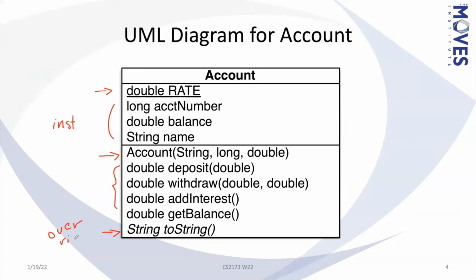So an override is where, and you're not responsible for this yet, but every class has a toString method, and that's defined in what's called the base class. You're not responsible for that yet. You will be later.